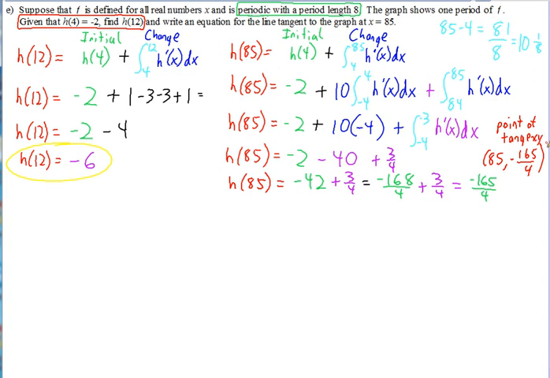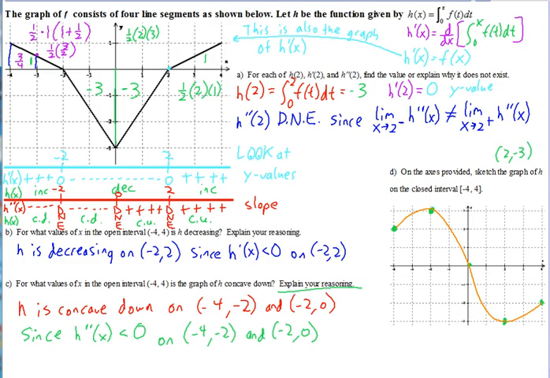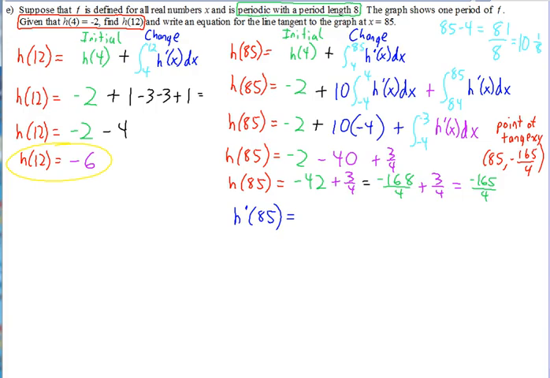So now all we need to know is the slope. So we need to know what h prime of 85 is. So again, just like we did the other one, we're just looking at the y value. And we know, remember, the interval from 84 to 85 looks identical to negative 4 to negative 3. So 85 is going to be in the exact same place as negative 3. And you can see that y value is exactly 1/2. So that's the slope of the tangent.